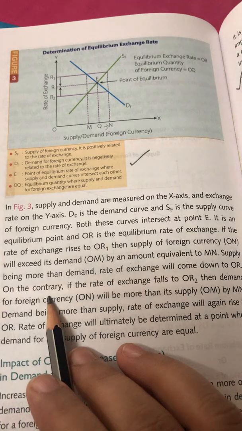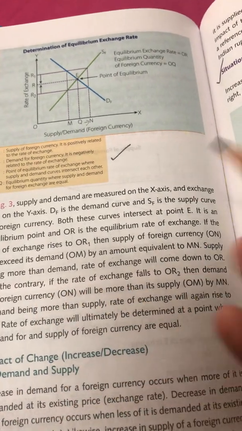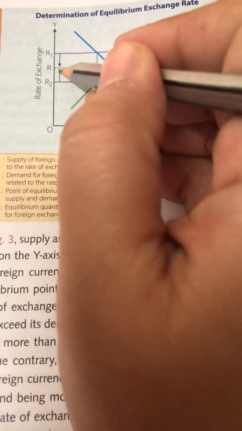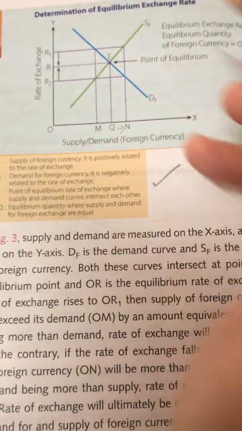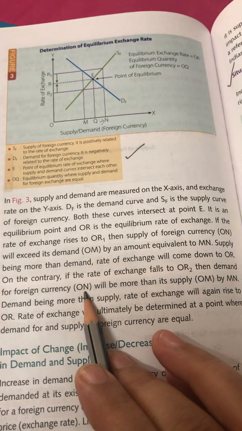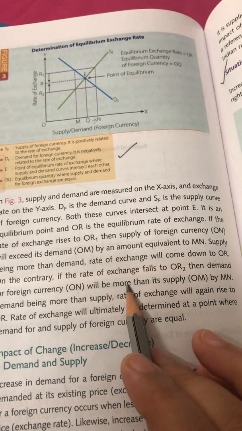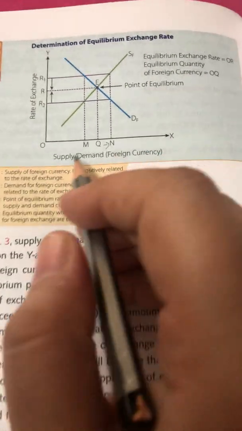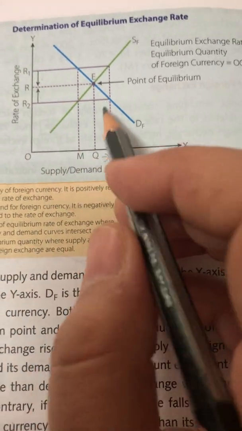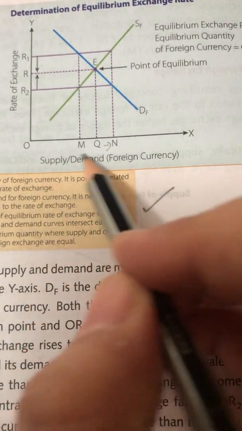On the contrary, if the rate of exchange falls from OR to OR2, then demand for foreign currency ON will be more than its supply by MN. Okay, so if the rate of exchange is going to fall, then this is your demand.